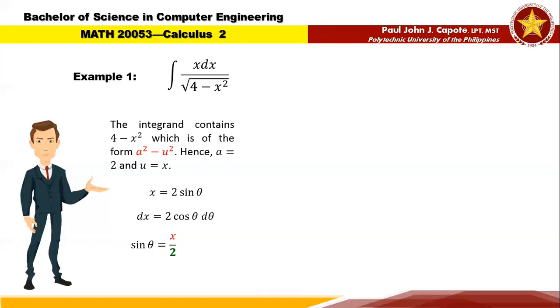Now, since our dx contains the trigonometric function cosine theta, we will be dealing with the trigonometric ratios, particularly cosine theta. From trigonometry, we all know that sine theta is the ratio of the opposite over hypotenuse.